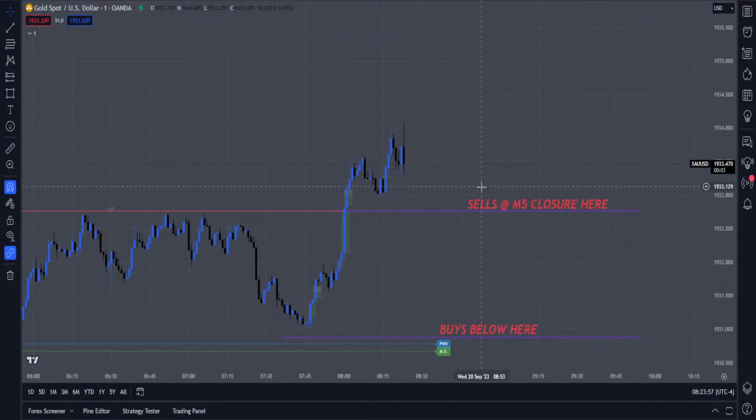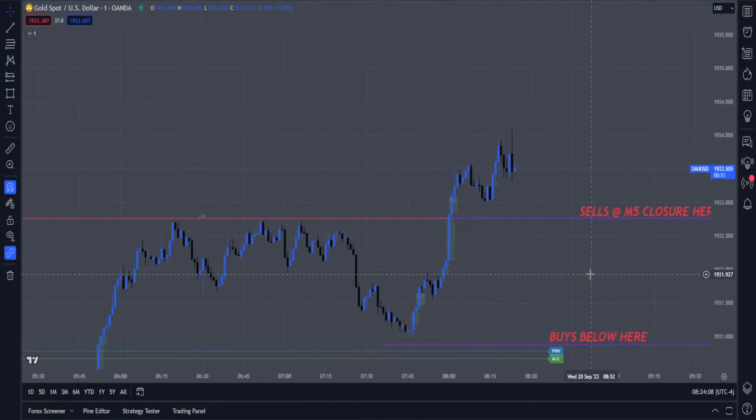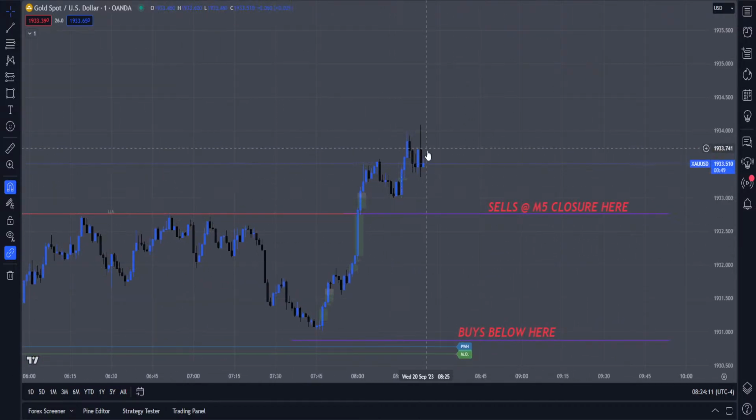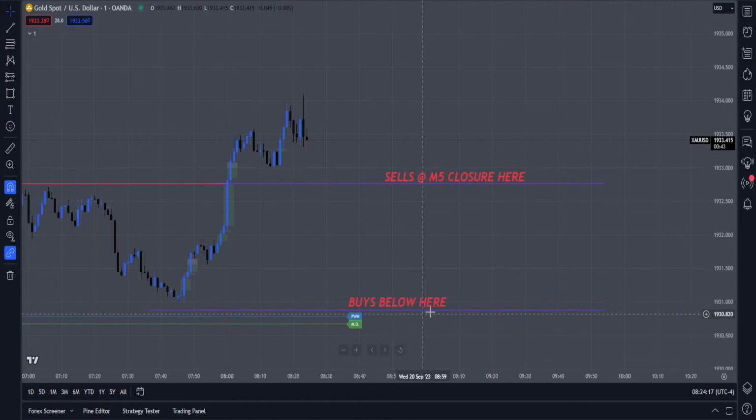So now we are getting some sort of movement here. Remember, we're looking for the M5 close below here. And we're just looking for our regular buys below this level here.